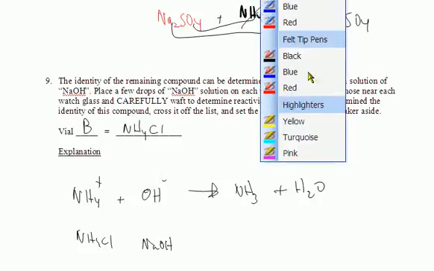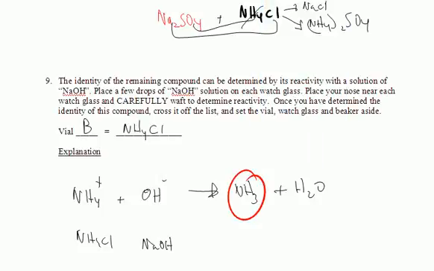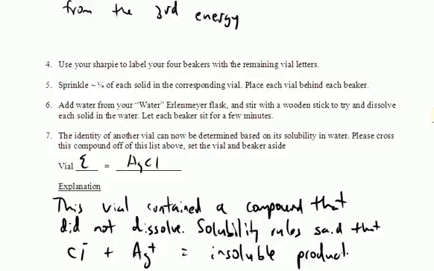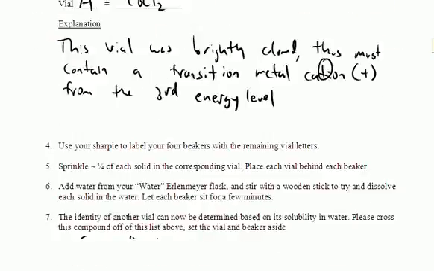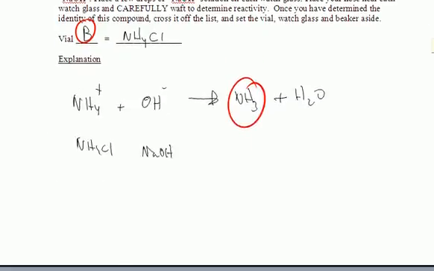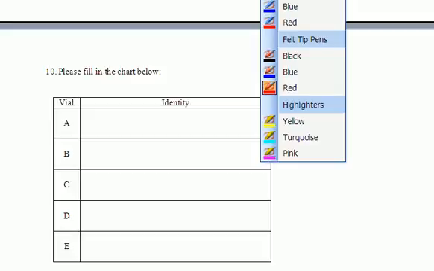And I told you guys that ammonia stunk really bad, so here is the product that stunk. I apologize about that. I think this was vial B. Okay, so that allows the last compound to be NaCl, and let's go through and do that right now.